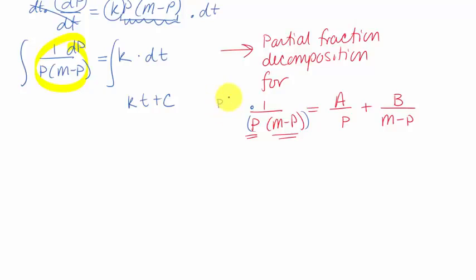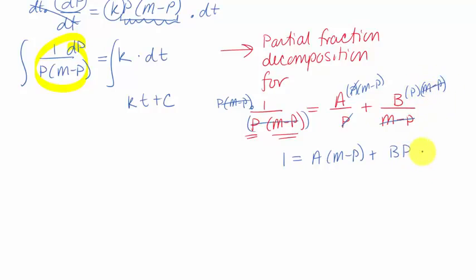So we're going to multiply by p times m minus p, and every term gets that multiplication. When we simplify that, this left-hand side just becomes 1. The p's here cancel, and the m minus p's cancel on this side. So our result is 1 equals a times the quantity m minus p plus b times p.